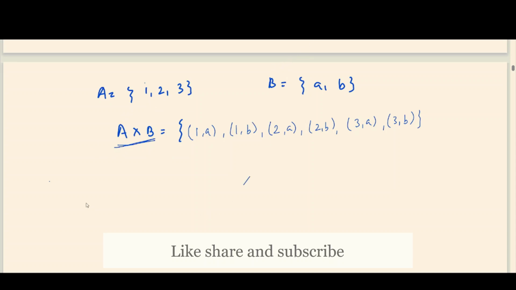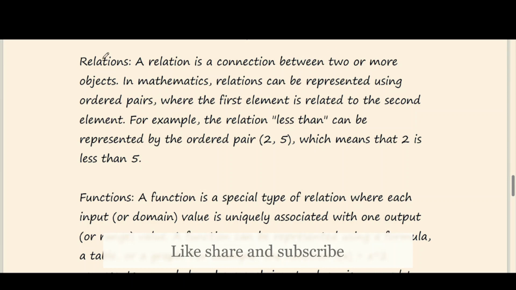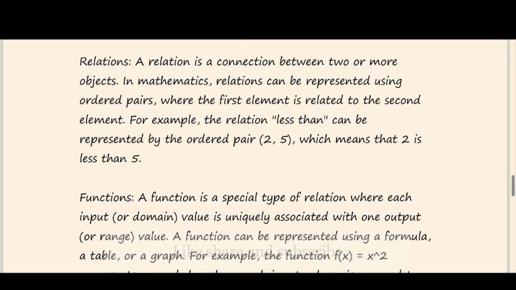If I say a relation from A to B, it is a subset of A cross B. So that is why it is written that a relation is a connection between two or more objects.